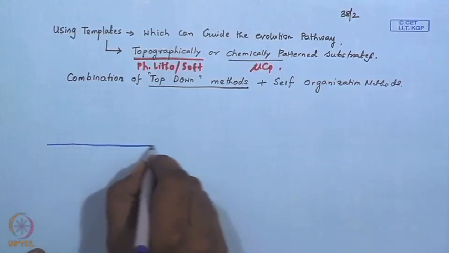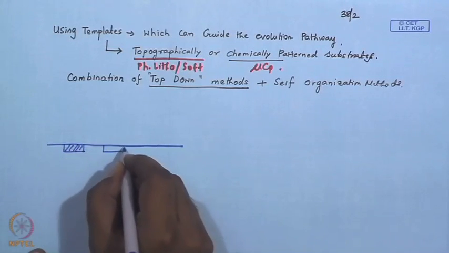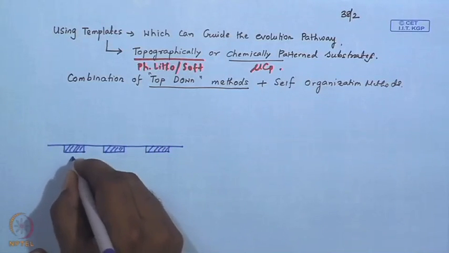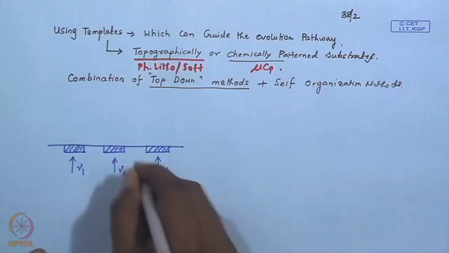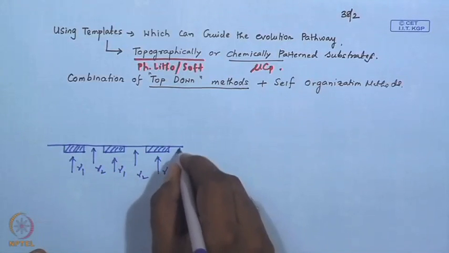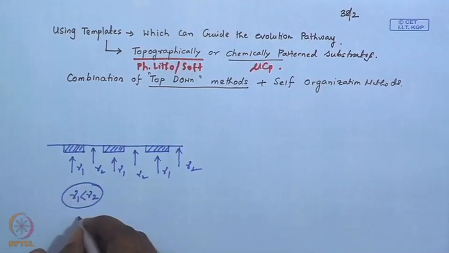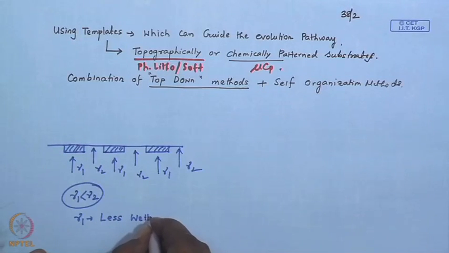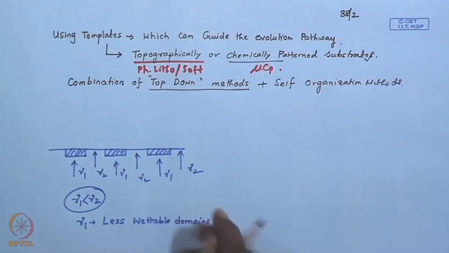So, let us first talk about a chemically patterned surface. You all understand what is a chemically patterned surface. It is something like this. Let us say these are domains with gamma 1 and these are domains with gamma 2, and gamma 1 is less than gamma 2. So, gamma 1, these are less wettable domains.